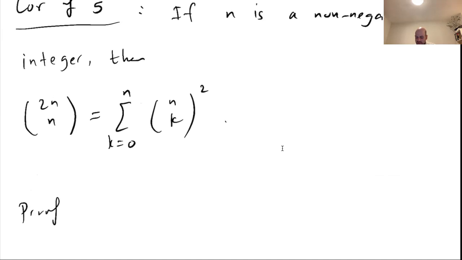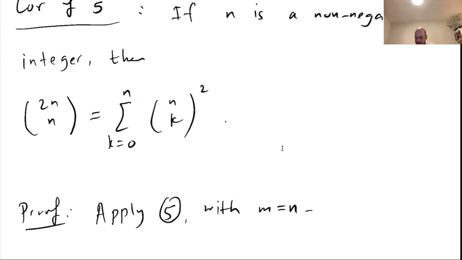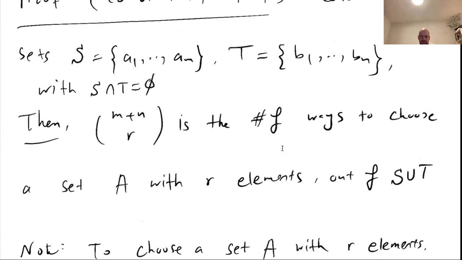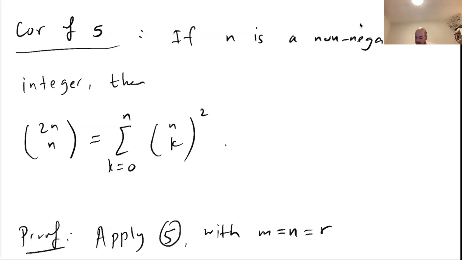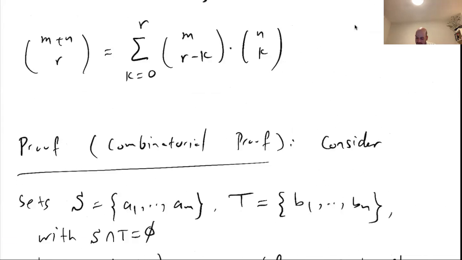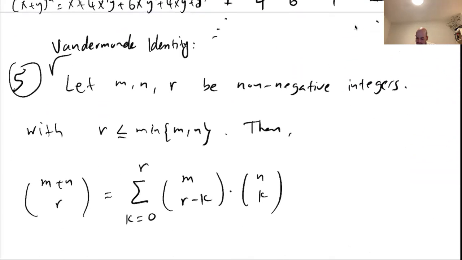So proof, you apply 5 with m equals n equals r. So m and n and r, all of them, let's set it to be equal to n. What do we get then? Look at the identity 5.